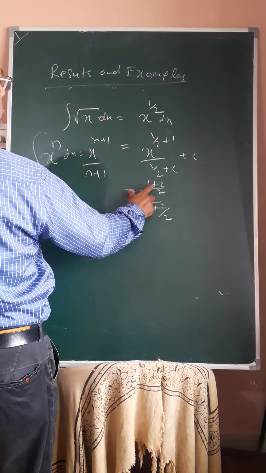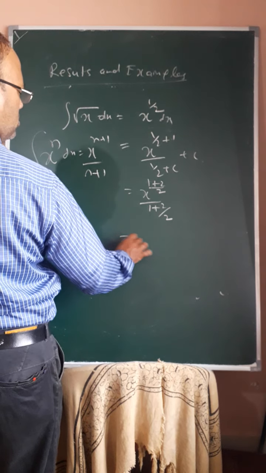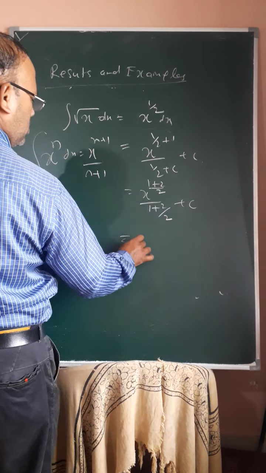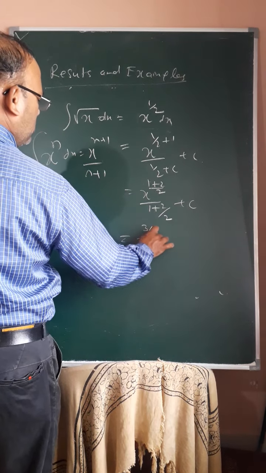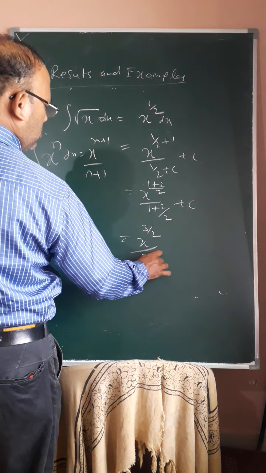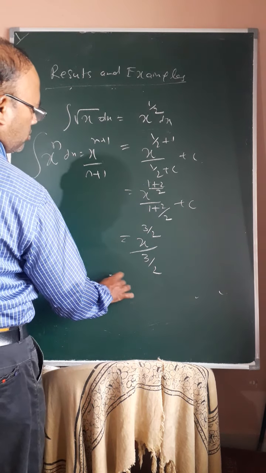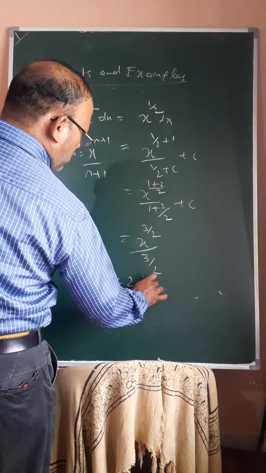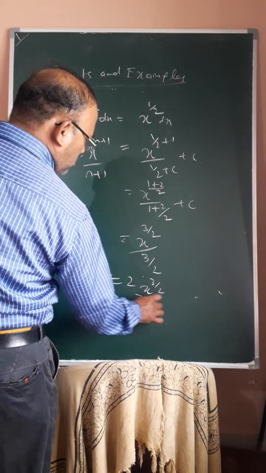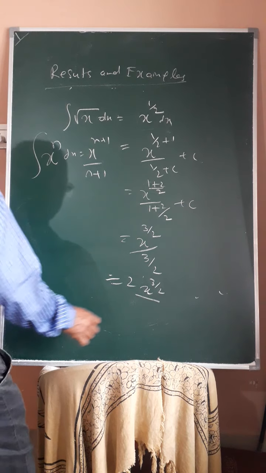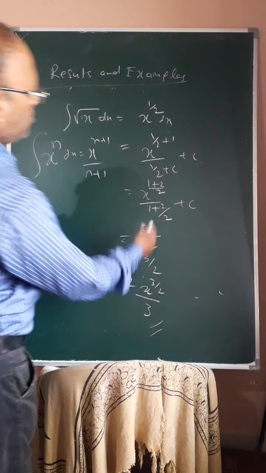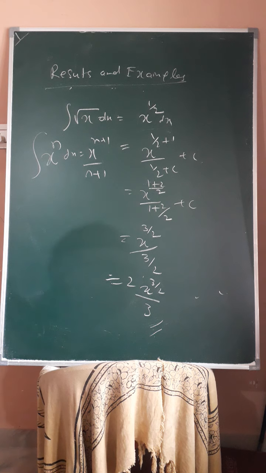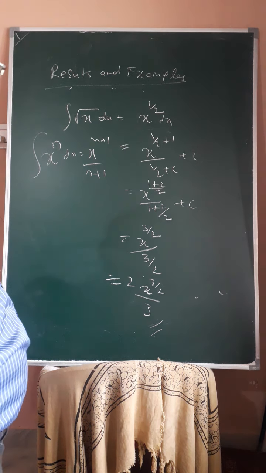That is x to the power of 3 by 2 divided by 3 by 2. This 2 goes to the numerator, that is 2 into x to the power of 3 by 2 divided by 3. This is how we integrate root x.